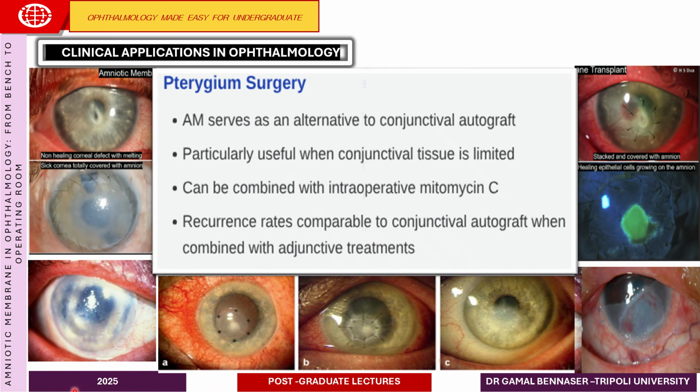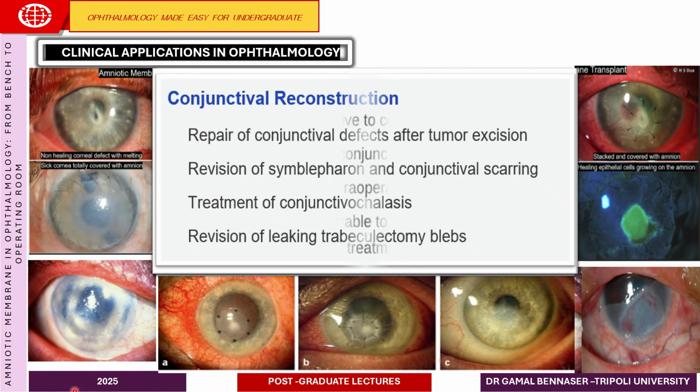And also in pterygium surgery, one of the options, instead of doing the pars clara technique or using the conjunctival autograft, is to use the amniotic membrane, which promotes the healing and prevents the recurrence of the pterygium. And there are many studies showing that it has a very good effect in the prevention of the recurrence.